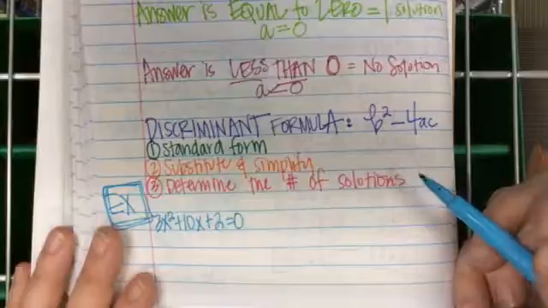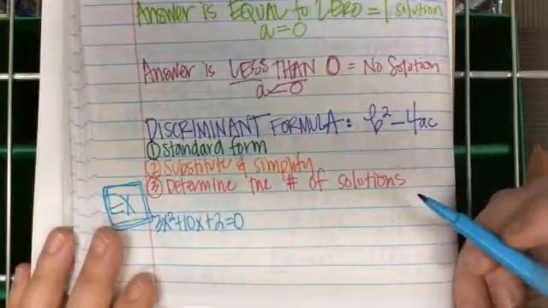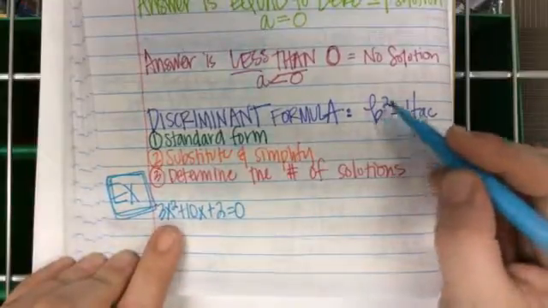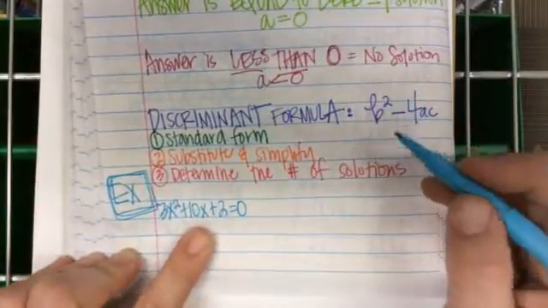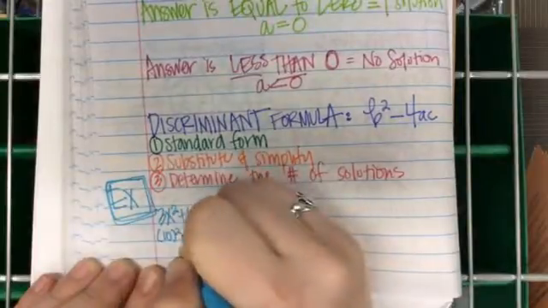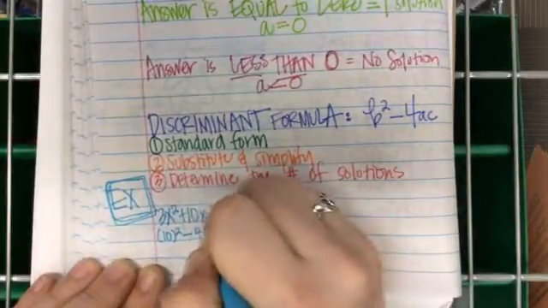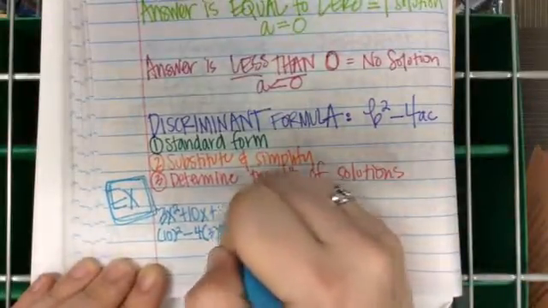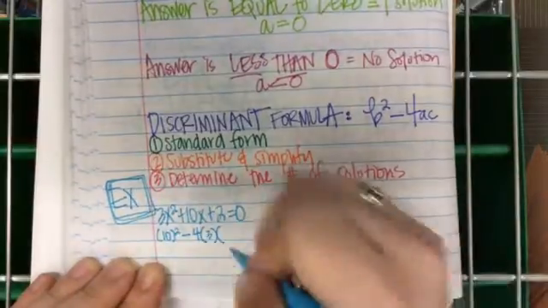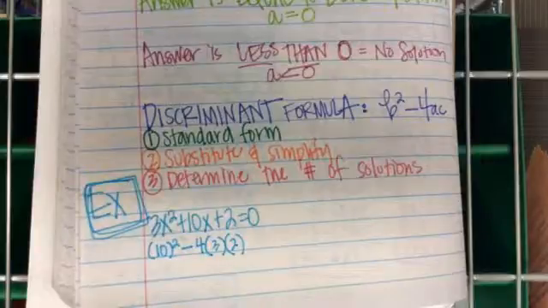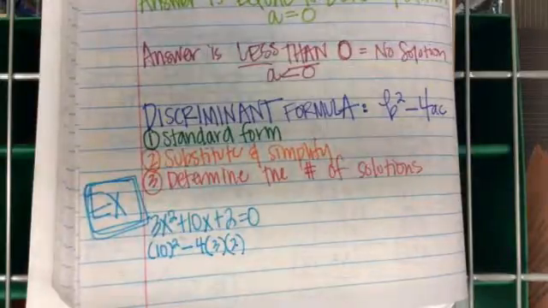Ladies and gentlemen, whenever you substitute, what should you always use? Parentheses. All right, so b squared. What's my b value? 10. So 10 squared minus 4. What's my a value? 3. And what's my c value? 2.